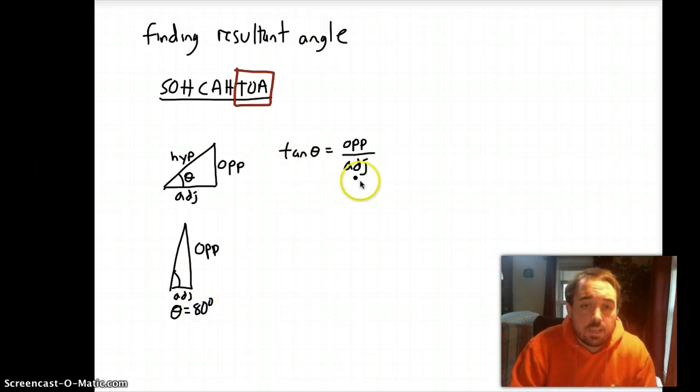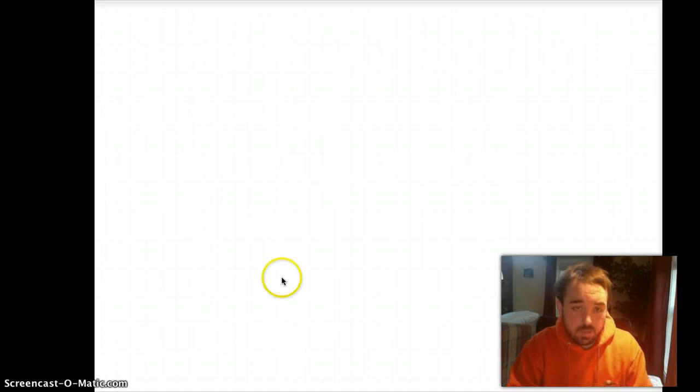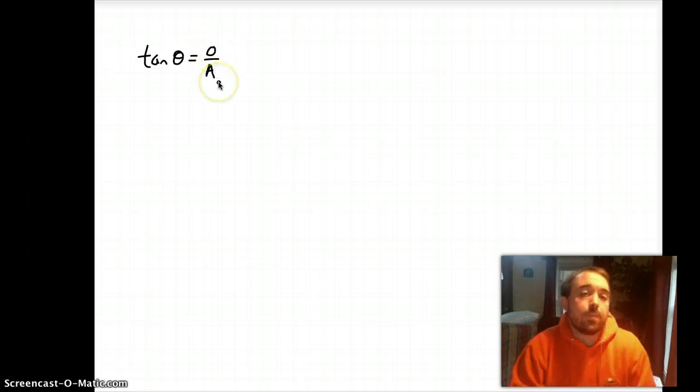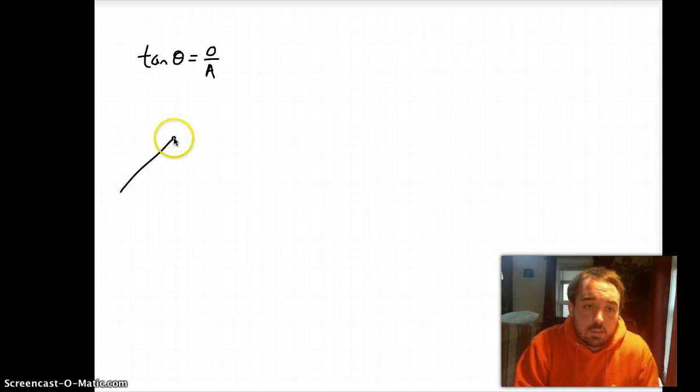So when we use tangent of theta, we don't really use tangent of theta. What I mean by that is, going back to tan theta equals, I'm just going to call it O over A, just to abbreviate a little bit, we want to solve for this angle.